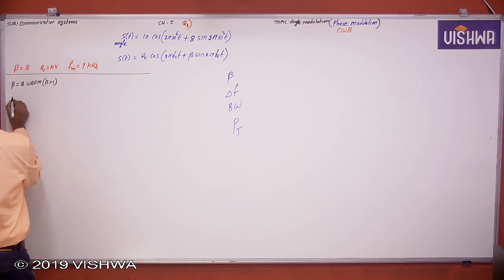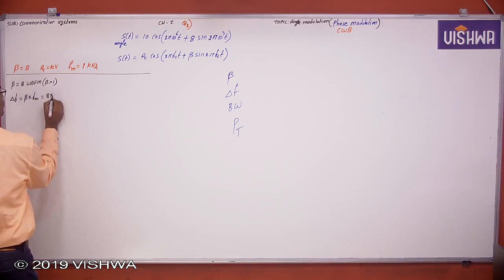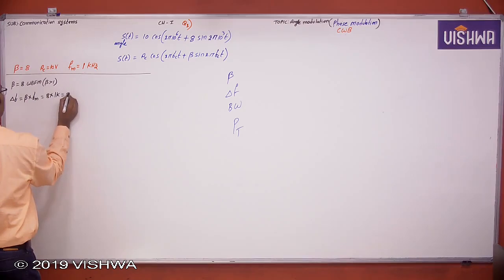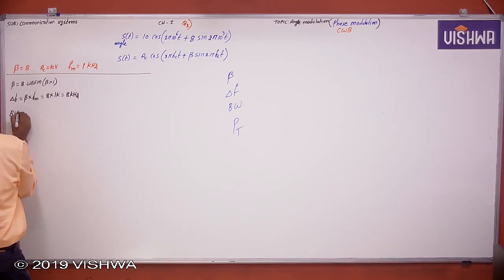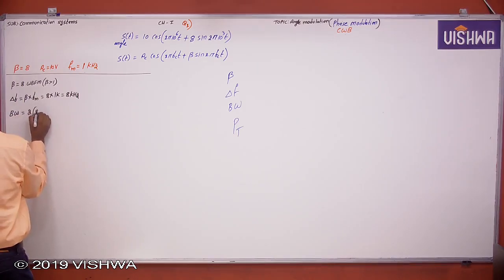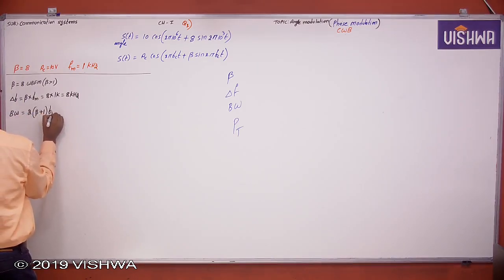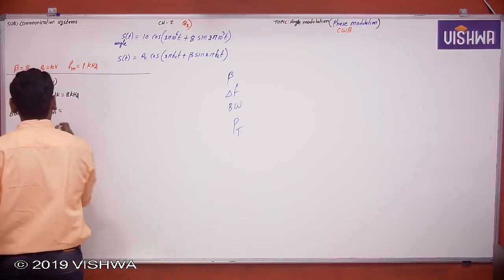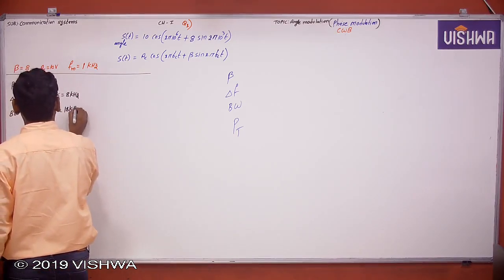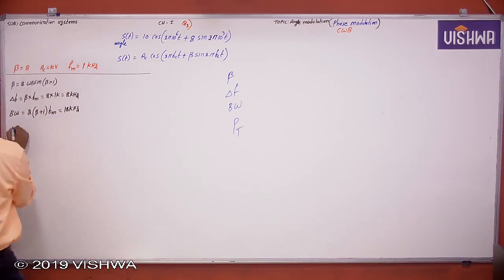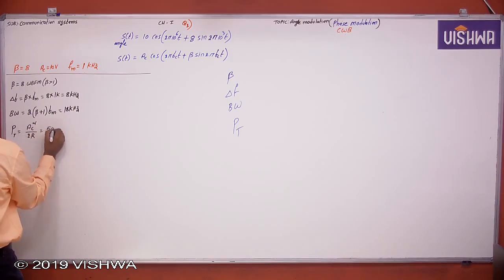Frequency deviation delta f is equal to beta into fm, which is 8 into 1 kHz, equal to 8 kilohertz. Bandwidth is equal to 2 into beta plus 1 into fm, 8 plus 1, 9 into 2, 18 kilohertz. And the total power is equal to Ac square by 2R, which is equal to 50 watts.